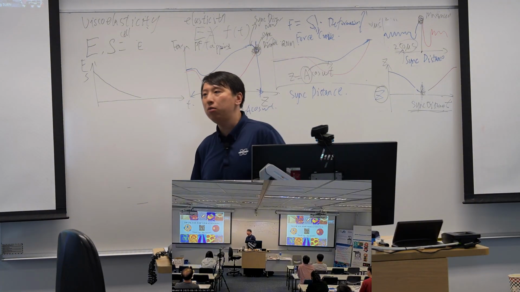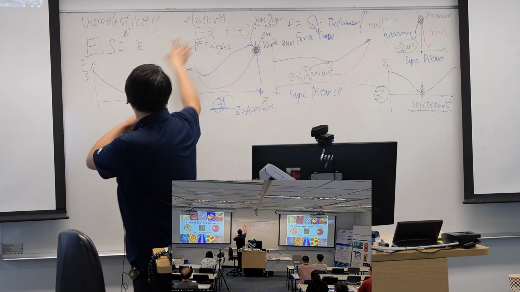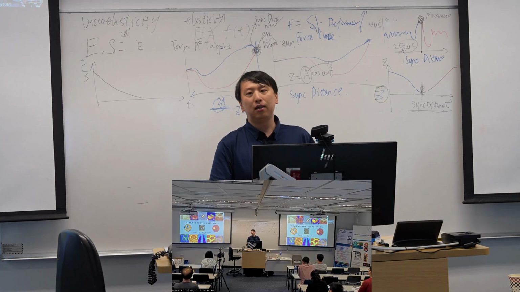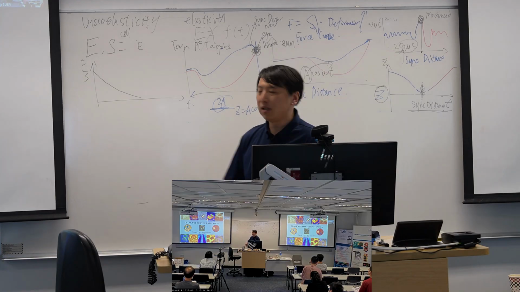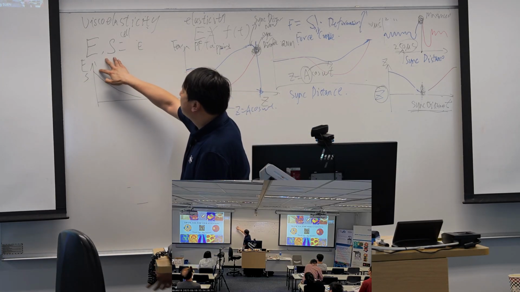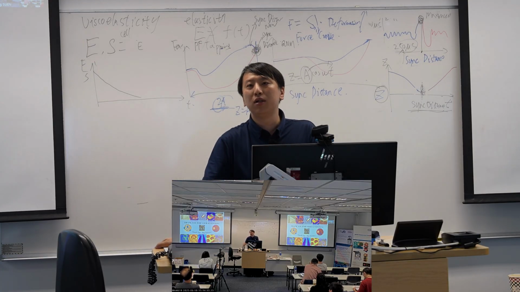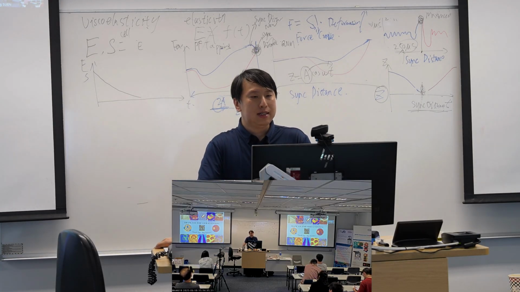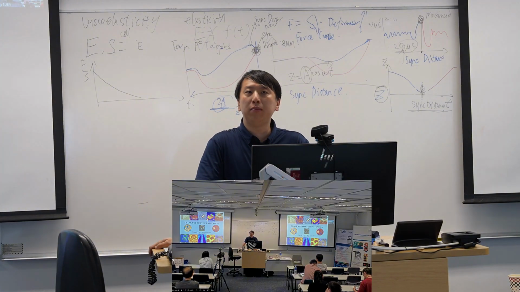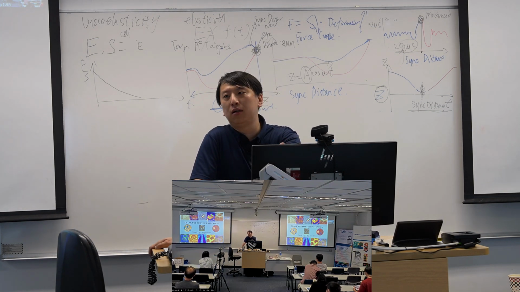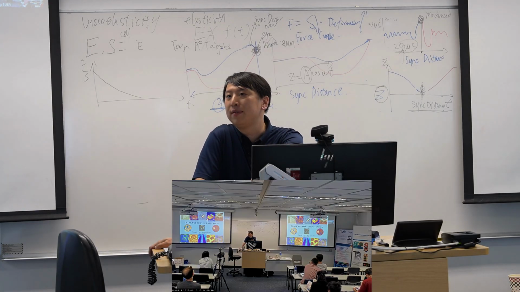So today we finished all the elasticity part, and from tomorrow we will start the viscoelasticity, where we need to consider the modulus and the stiffness as a function of time. We need to use a different way to do it. Tomorrow we may go through some parts about creep and stress relaxation.